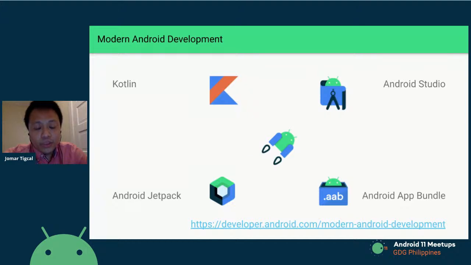What Google is calling modern Android development. So these are the tools, APIs, languages, distribution technologies. These are their official recommendations on how you can be productive and how you can create applications that run on all devices, even if they are old and have low specs.